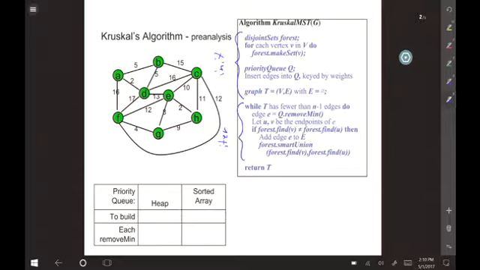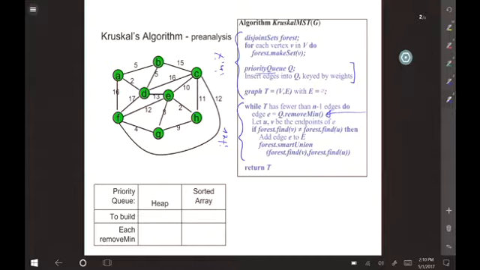Well, it looks to me like this piece is the build the priority queue piece, and this one is the only priority queue operation in the algorithm. Okay, so all of the work related to the priority queue is, number one, to build it, number two, to remove something from it.